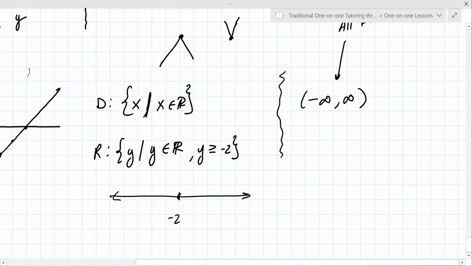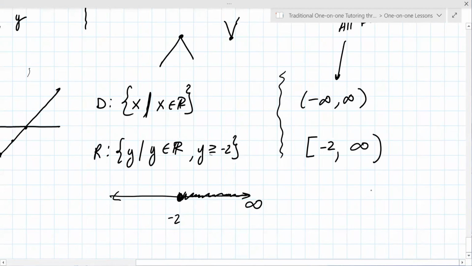You put -2 on there and go to the right. How far to the right does it go? Well, it goes to infinity. Bracket -2 because it includes it, all the way to infinity. So would it always be number and then infinity? If it was y less than or equal to, it would be -infinity to the number, bracket. Okay.